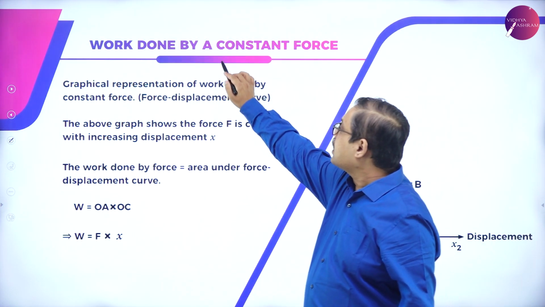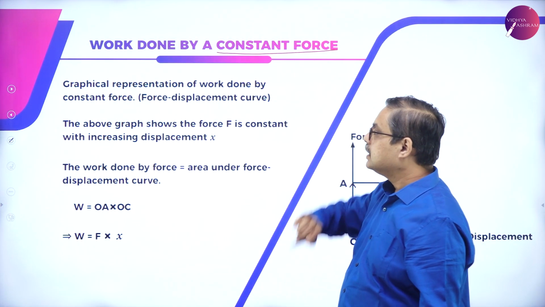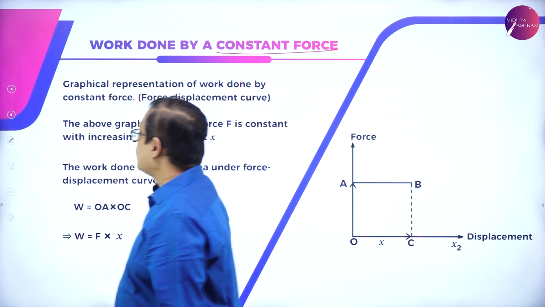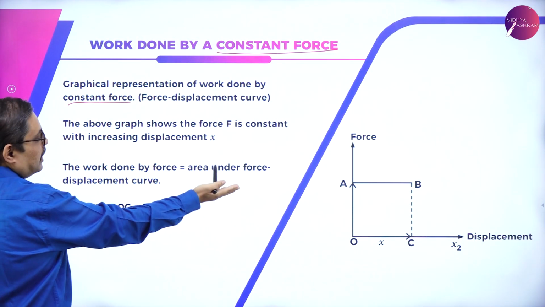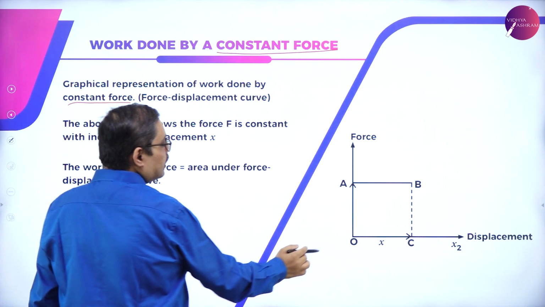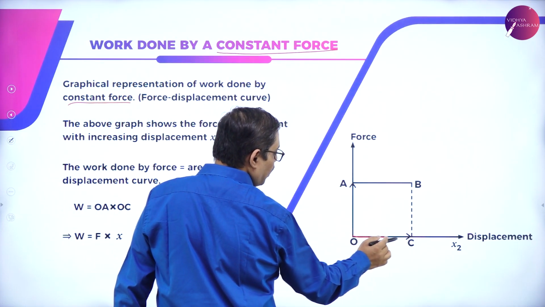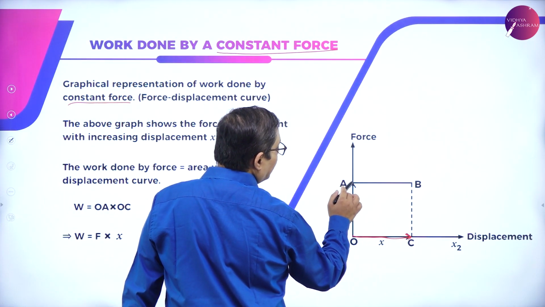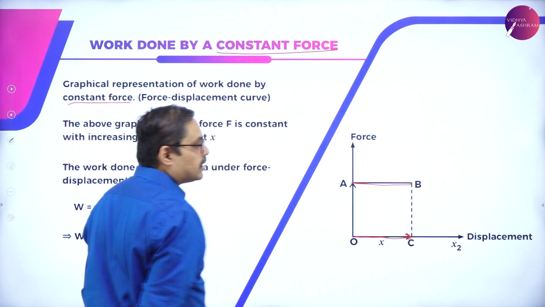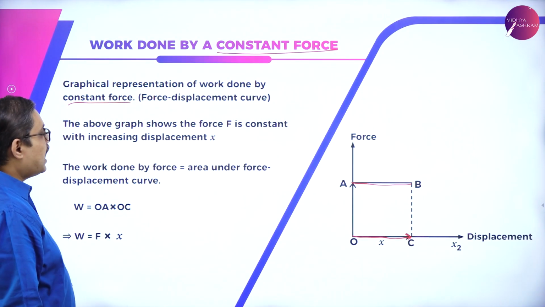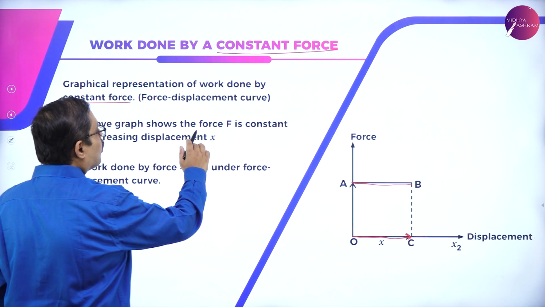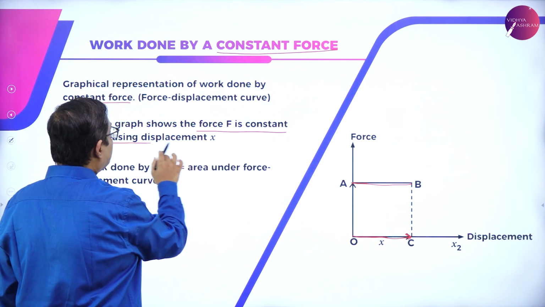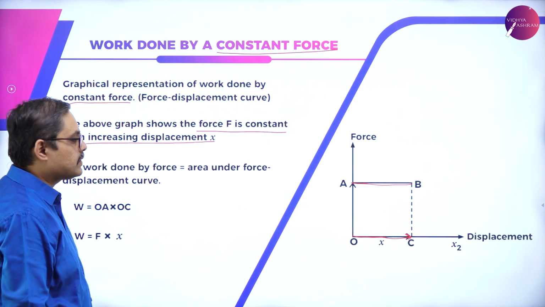Now let us check work done by a constant force. The graphical representation of work done by a constant force can be seen here. Okay. There is a displacement along the x-axis. The force remains constant. Okay. The above graph shows that force F is constant with increasing displacement x.